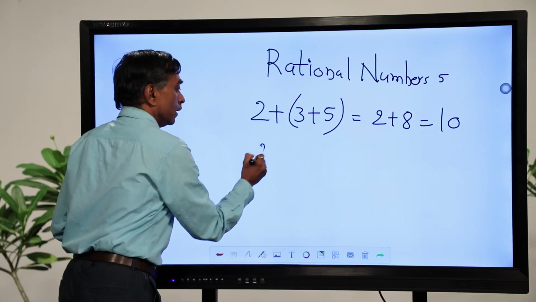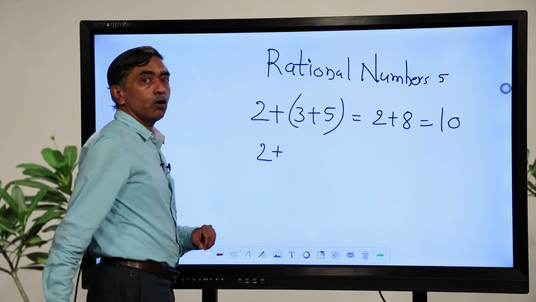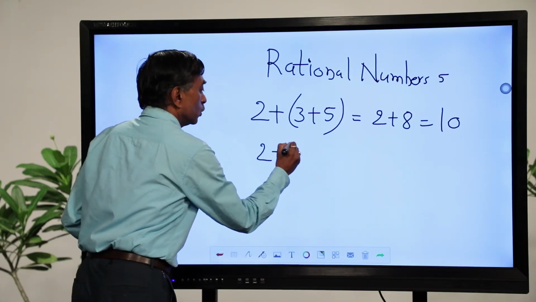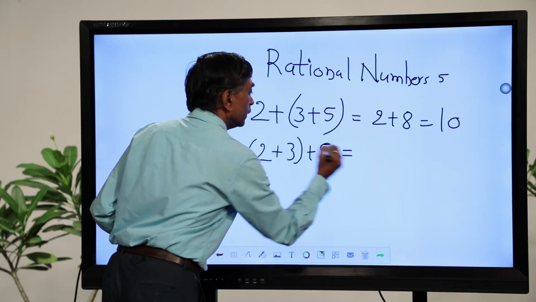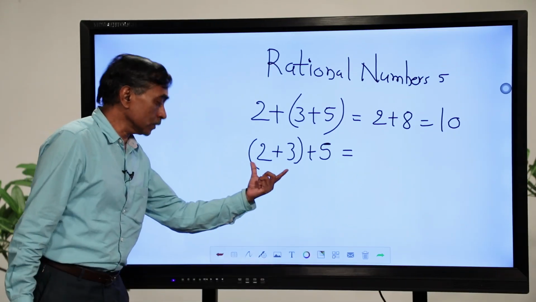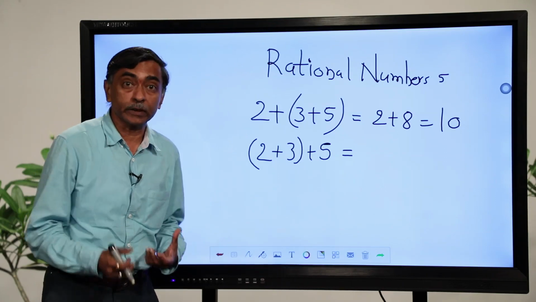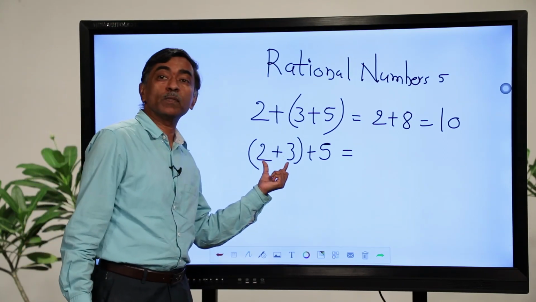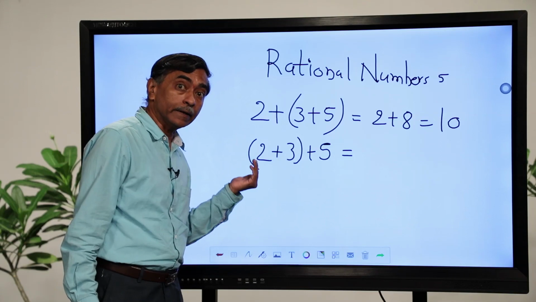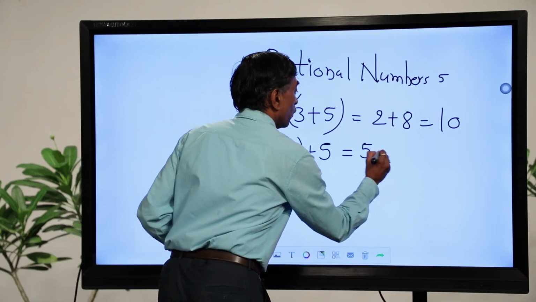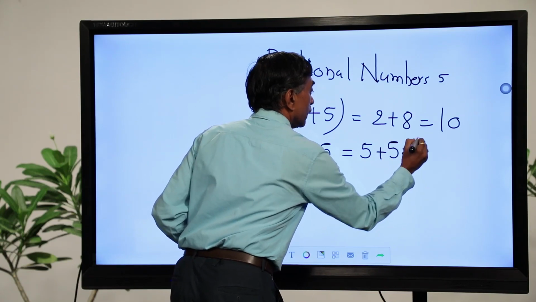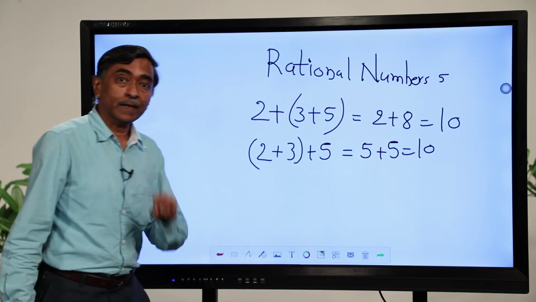But what will you get if I shift this operation as (2 plus 3) plus 5? Since I have put a bracket here, it is an indication that I have to combine these two numbers first, and whatever I get should be added to this number. So this is nothing but 5 plus 5, which is again equal to 10. Let us have a closer look.